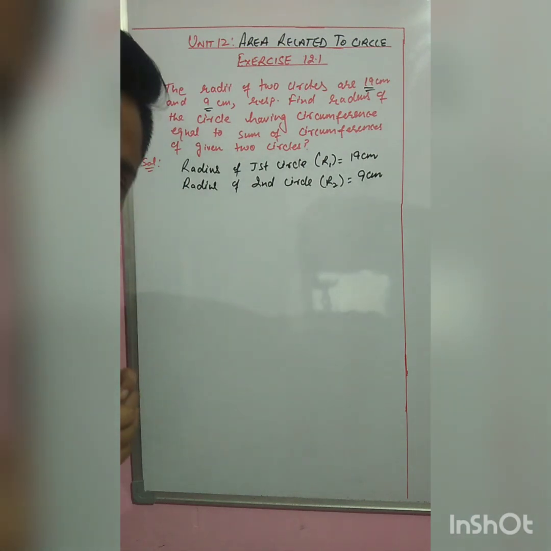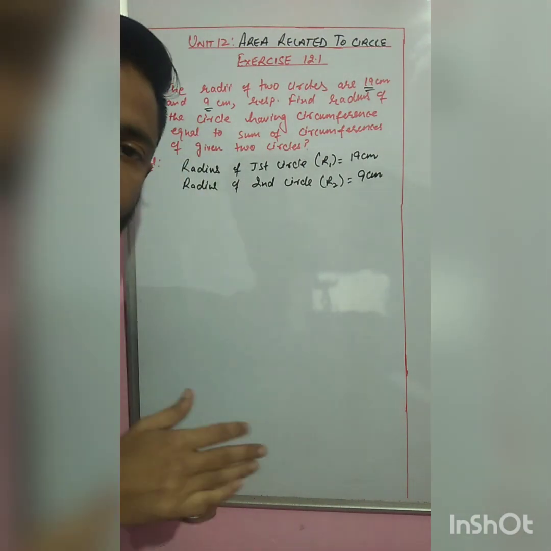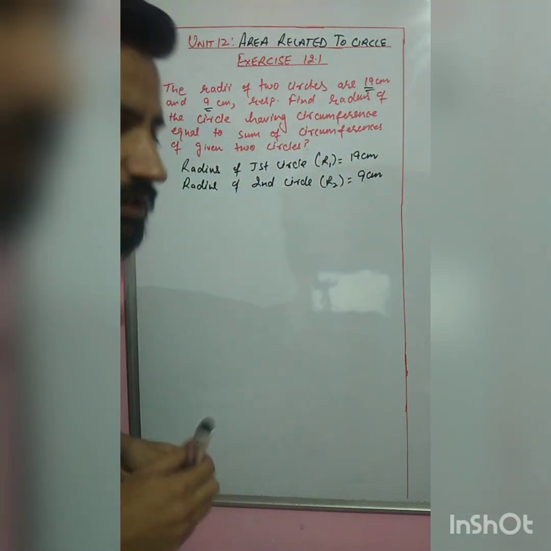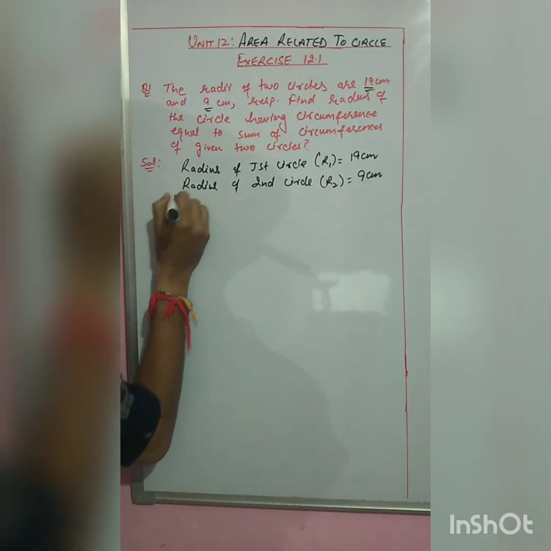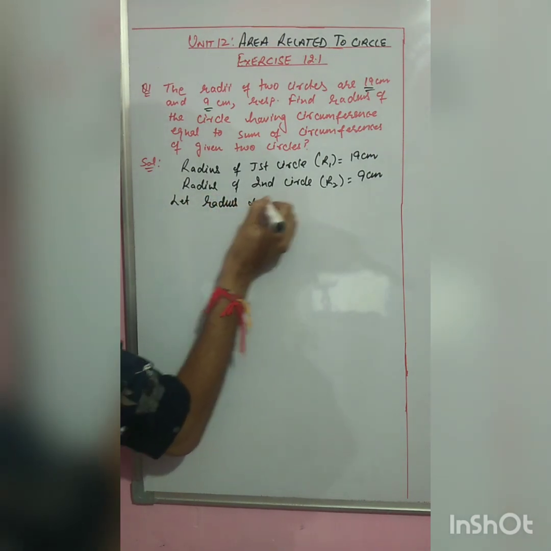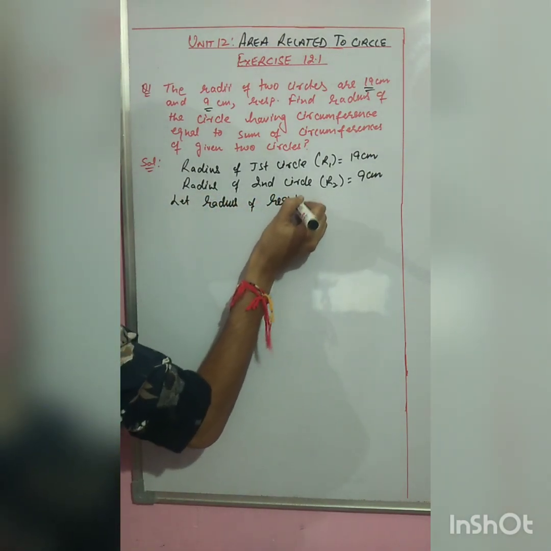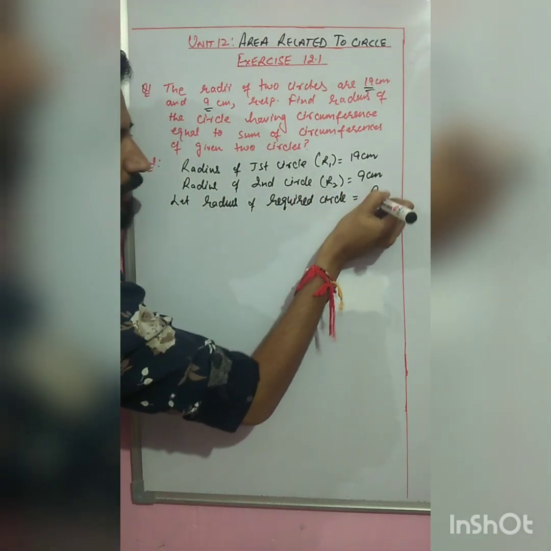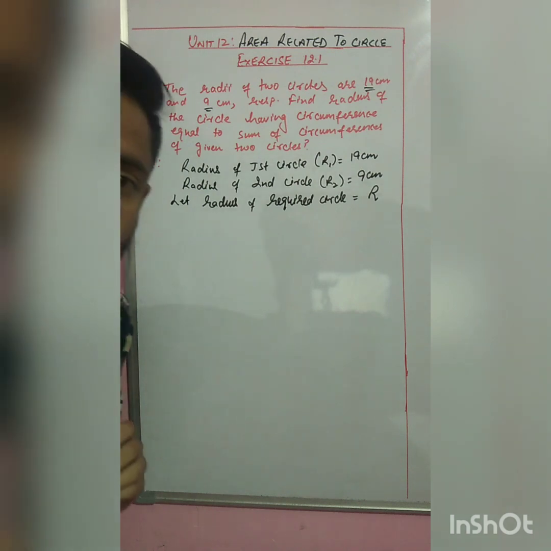As we have to find the radius of a circle whose circumference is equal to the sum of the circumferences of these two circles, let the radius of the required circle be capital R.